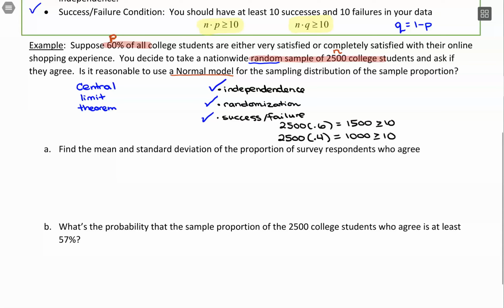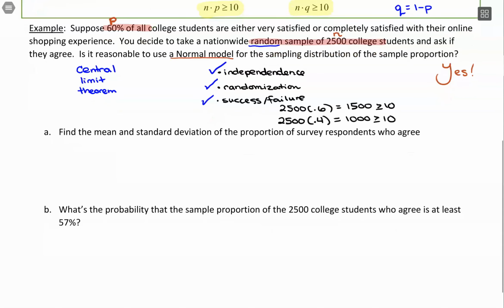So is it reasonable to use a normal model? Yes, because we pass that central limit theorem. Again, as soon as one piece fails, then we can't do any of this. We would be stuck. So find the mean and standard deviation of the proportion of survey respondents who agree.